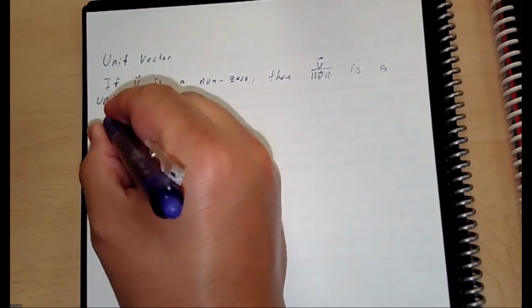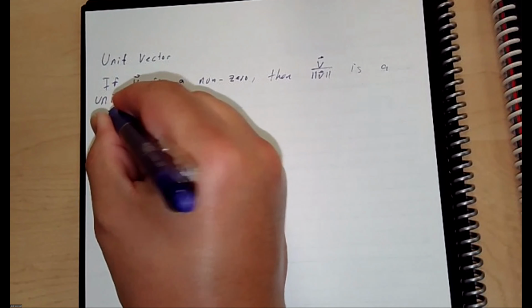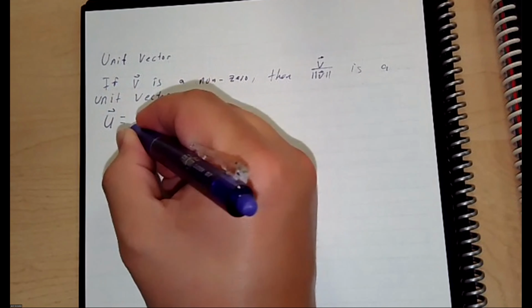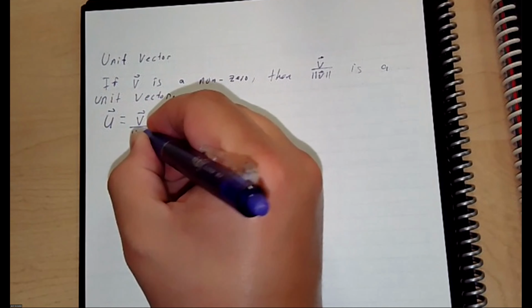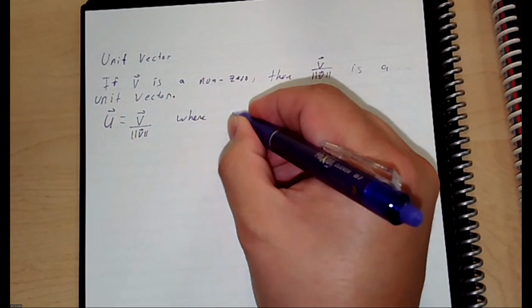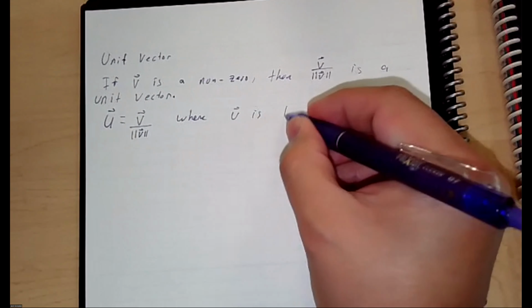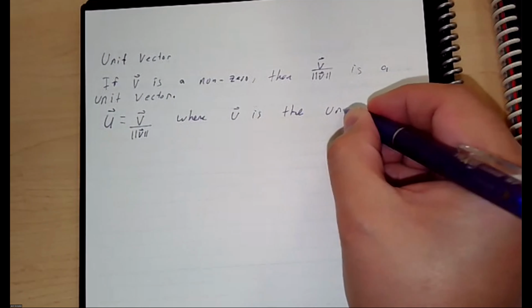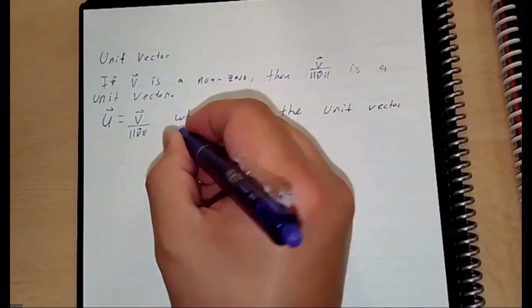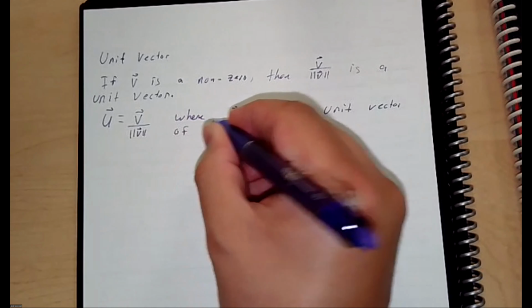So we'll call the unit vector U. So that would be V divided by its magnitude, where U is a unit vector of V, in this case.